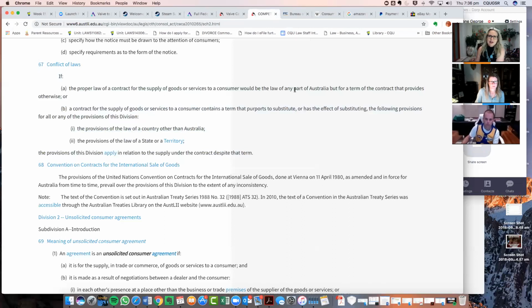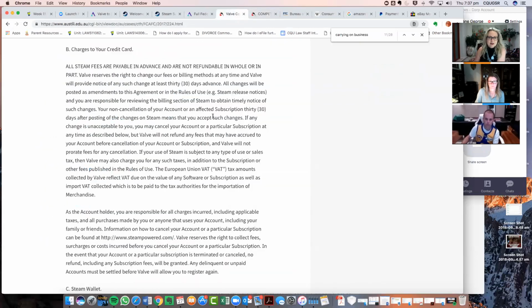So they had a good look at 67. They had a good look at their terms and conditions. And I think part of what ticked off the court so badly is that even after the judgment of first instance, because Valve took the typical US kind of attitude to things, it still didn't change its website.